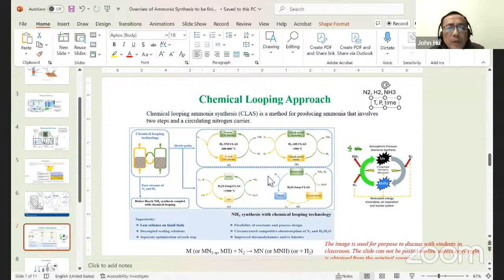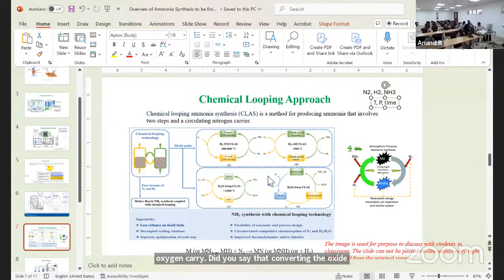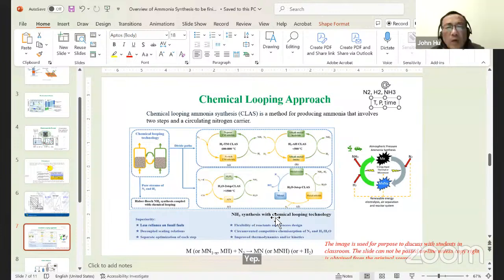So you said about converting to oxide, the so-called oxygen carrier. Did you say converting to oxide? All right. They are not aware of these terms. You're not aware of this.